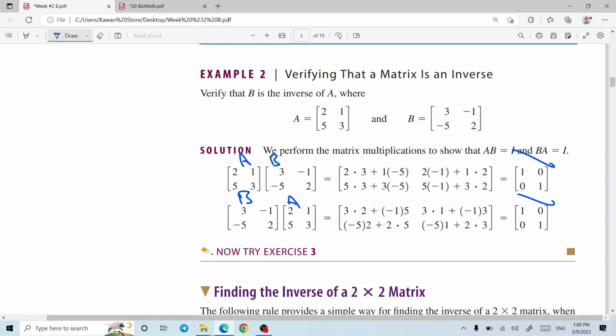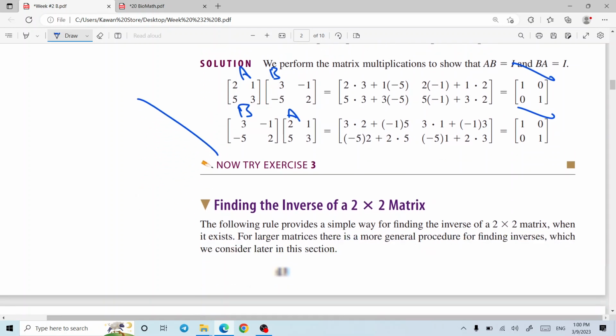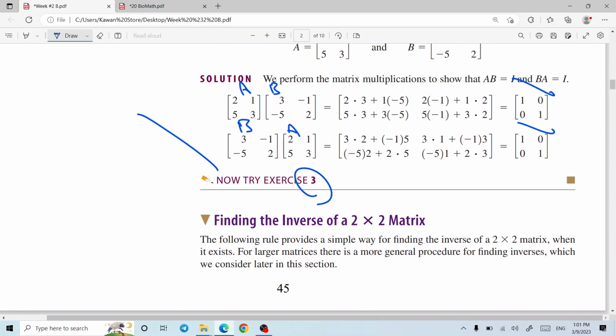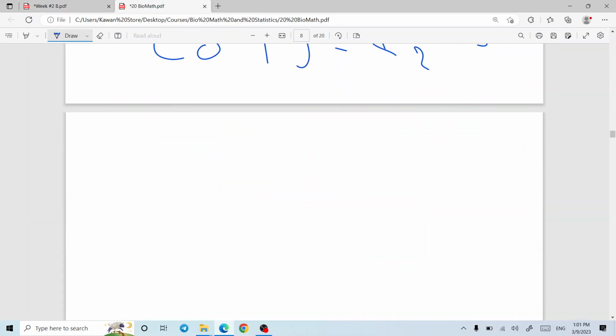Kindly try at home to solve that one, because you have many things to do with me. So kindly at home try to solve this one, because during the exam you will see some examples like that. Clear? One more thing. How to find A inverse? That's the question.